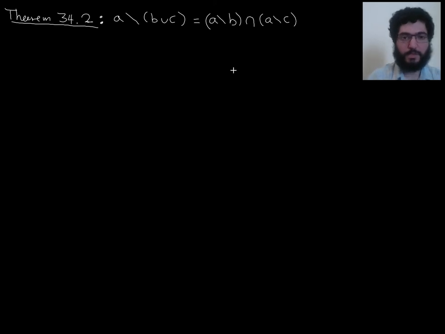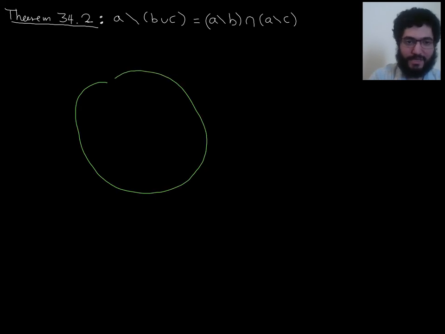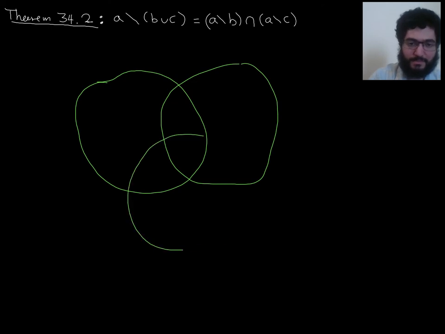So before we look at the proof of this, I just want to make it kind of intuitive in some way. So there are three sets involved, A, B, and C. So let's imagine those as blobs, kind of with a Venn diagram. Maybe like this.